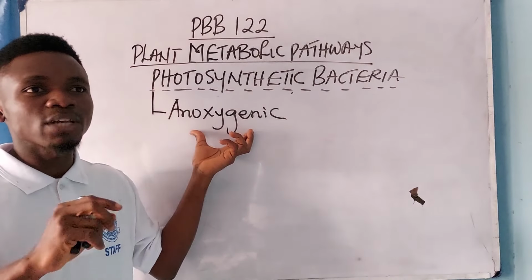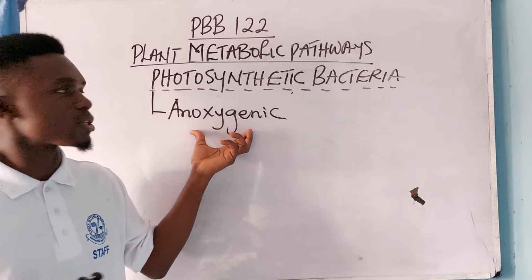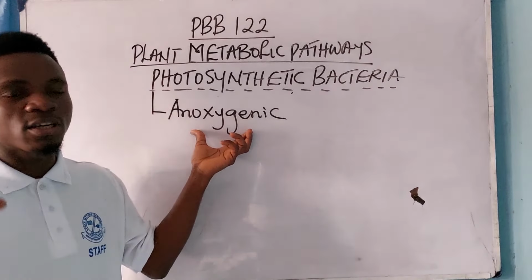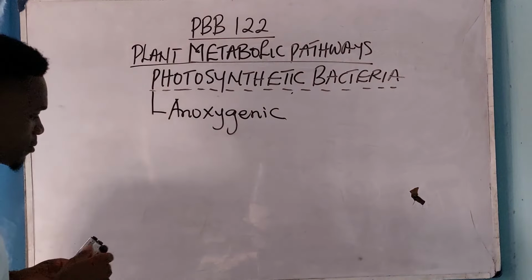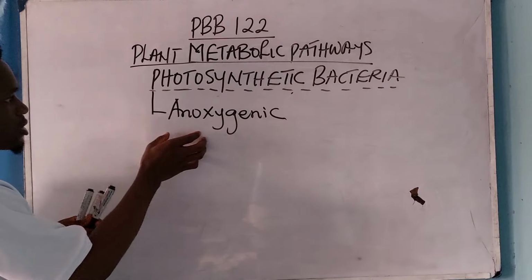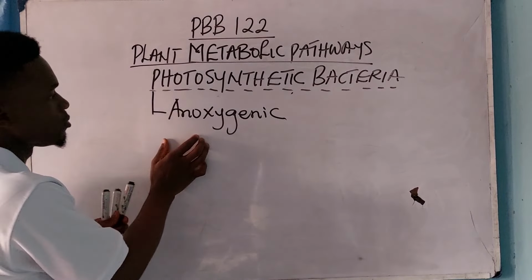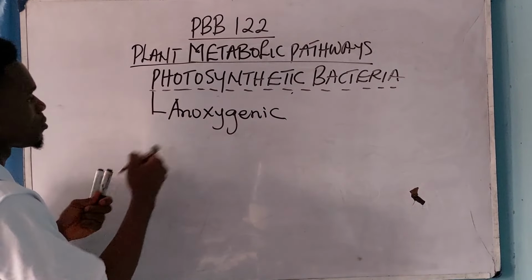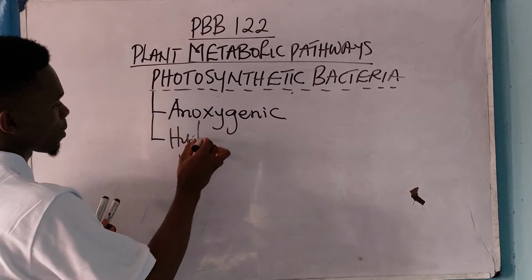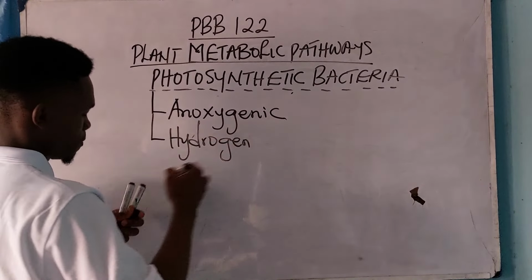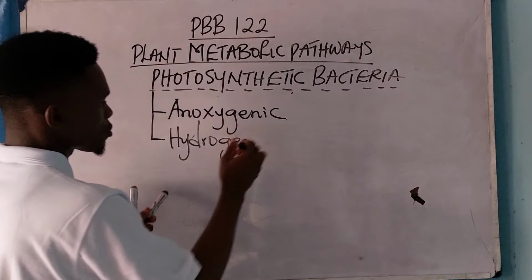Therefore, they don't have the ability to carry out photolytic reaction or photolytic splitting of water molecule. Since they don't make use of water in order to produce oxygen, they make use of hydrogen sulfide.